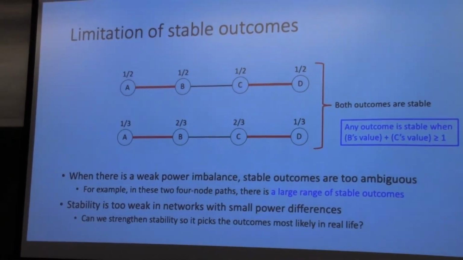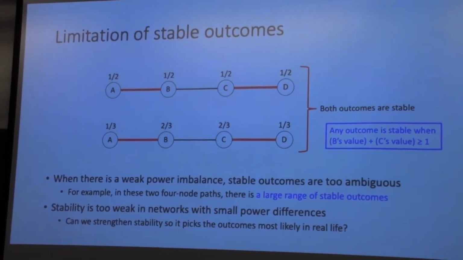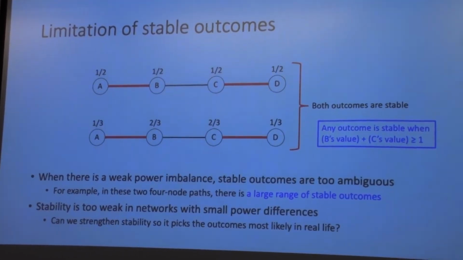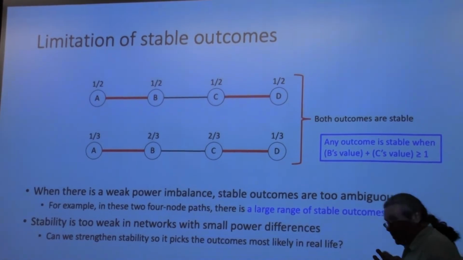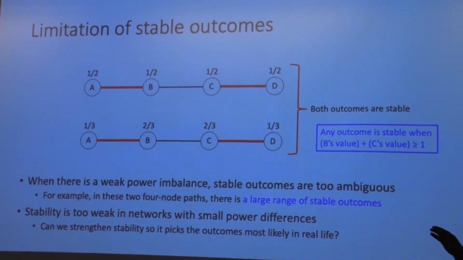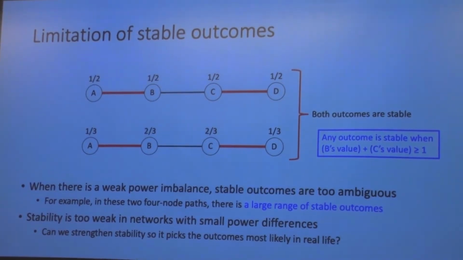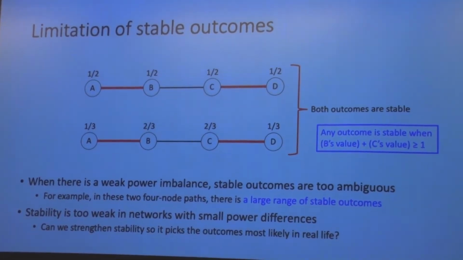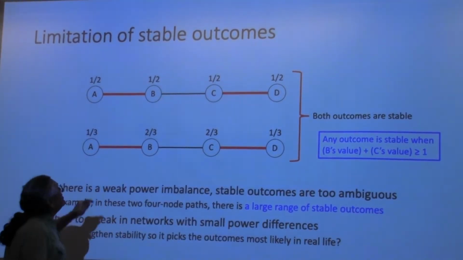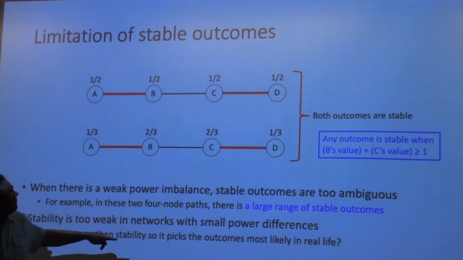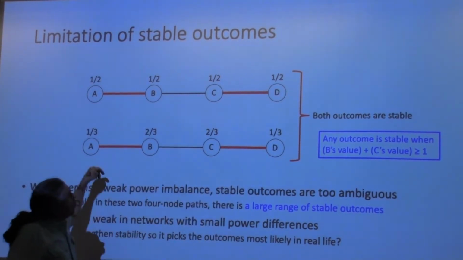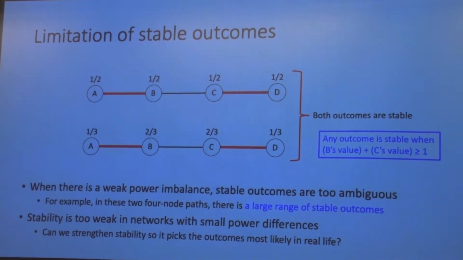They also have limitations. It's not enough. So stable outcomes are not enough by themselves. You might say, okay, as long as nobody can steal, we're good. But actually that's not good enough, because it leaves too much freedom. Here's an example, A, B, C, D. So 1/2, 1/2, 1/2, 1/2. Here's 1/3, 2/3, 2/3, 1/3. Both of these are stable.